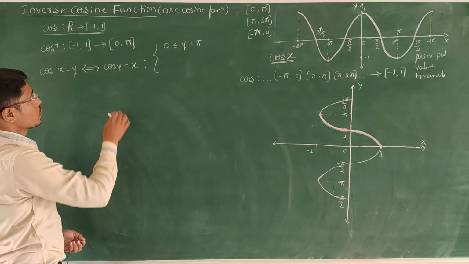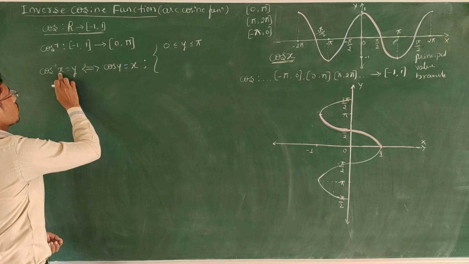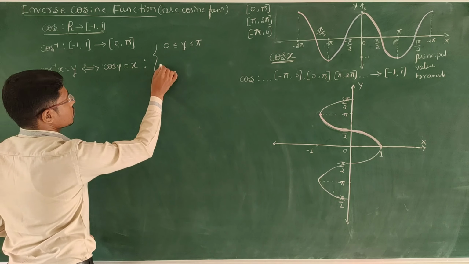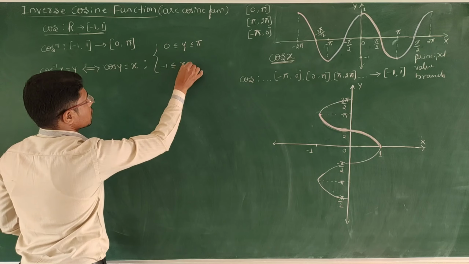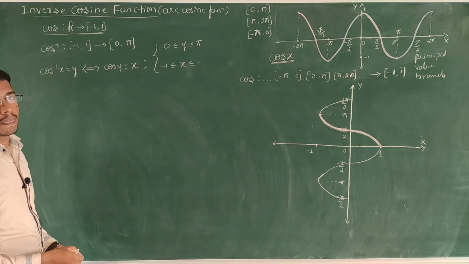If it is an open bracket, just write less than. Then the input is minus 1 comma 1, that is, minus 1 less than or equal to x less than or equal to 1.